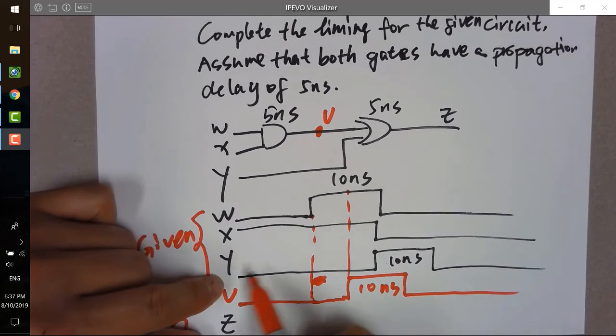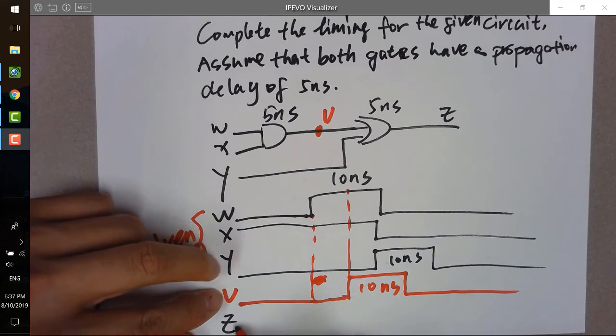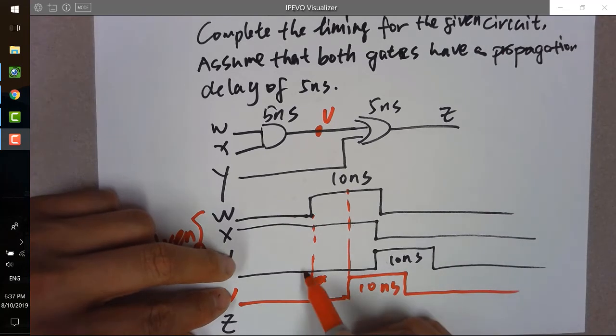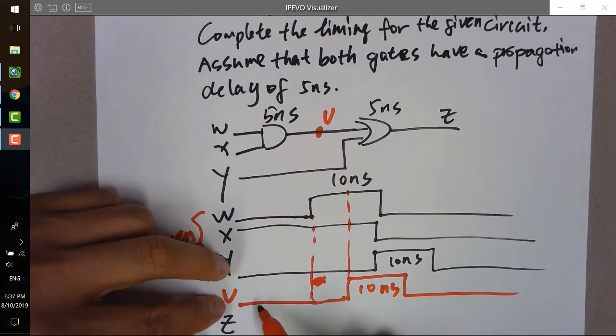And now what about this? So it's Y or V, which is Z. Y or V, so these two signals being ORed with a 5 nanosecond delay. So it's going to look like 0 or 0 will be 0 in the beginning, and it will become 1, but however, with a 5 nanosecond delay, it's going to start from here.